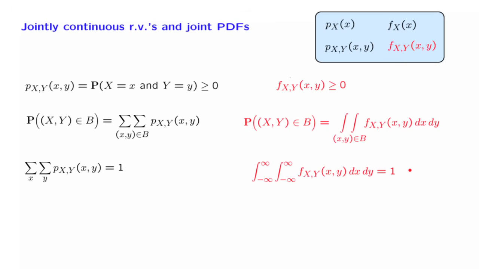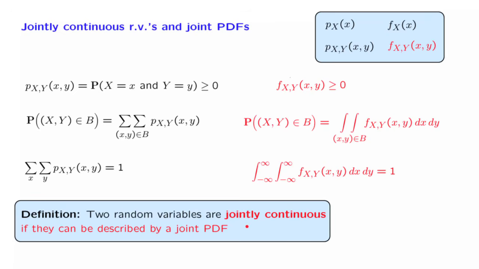And we will say that two random variables are jointly continuous if there is a legitimate joint PDF that can be used to calculate the associated probabilities through this particular formula. So we have really an indirect definition. Instead of defining the joint PDF as a probability, we actually define it indirectly by saying what it does, how it will be used to calculate probabilities.